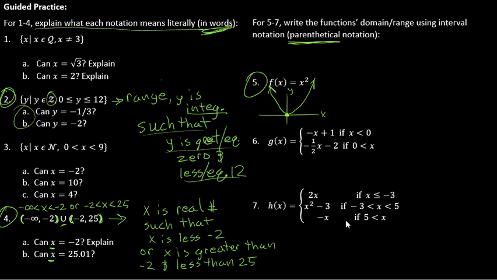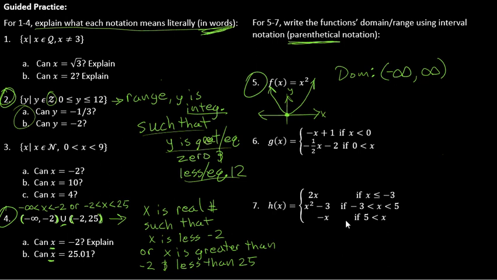Is there any restriction placed upon x? No. So for our domain, we would say in parenthetical notation that x goes on forever from negative infinity to positive infinity. Basically, x can be all real numbers. Okay?